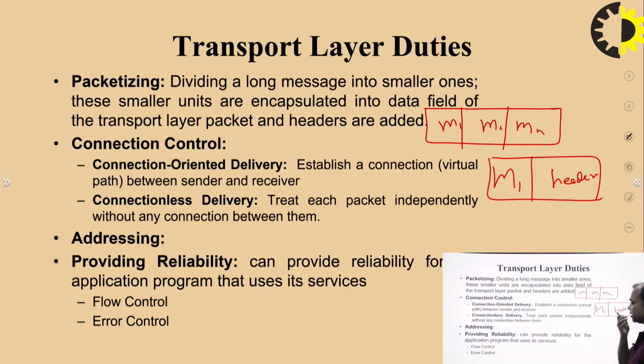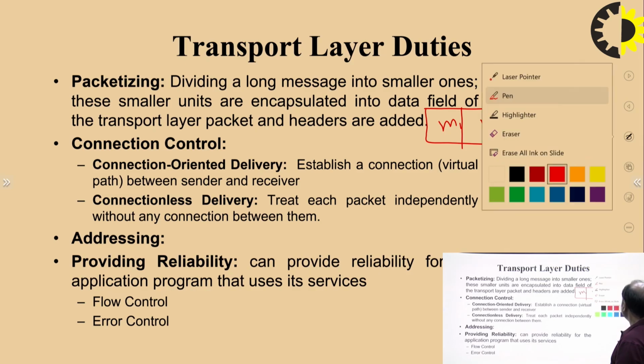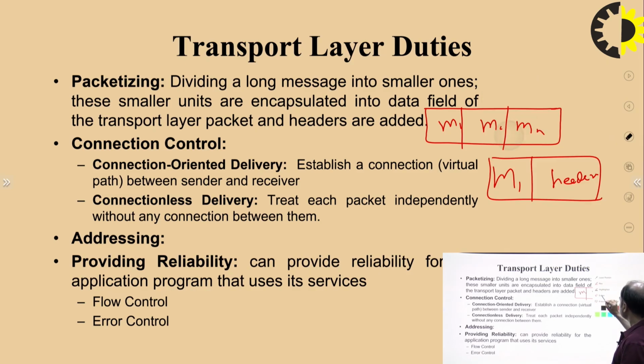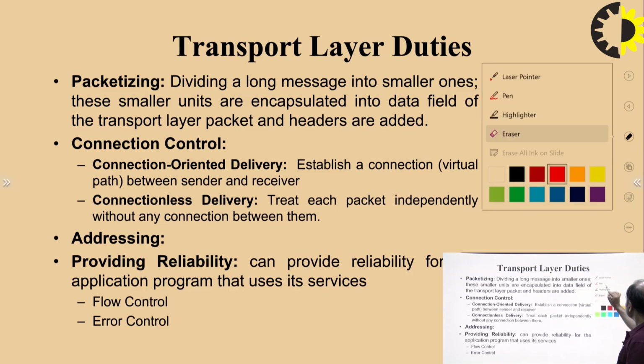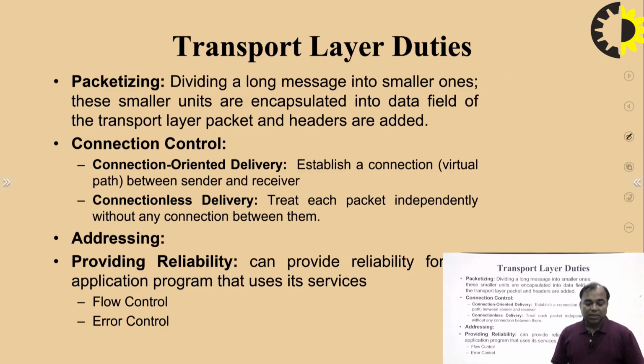Headers are what let us send it over a network. So packaging makes the data ready to send over the network. Clear? So packaging divides a long message into smaller ones, and these smaller units are encapsulated into the data fields of the transport layer. The packets and headers are added when the data is sent over the network.